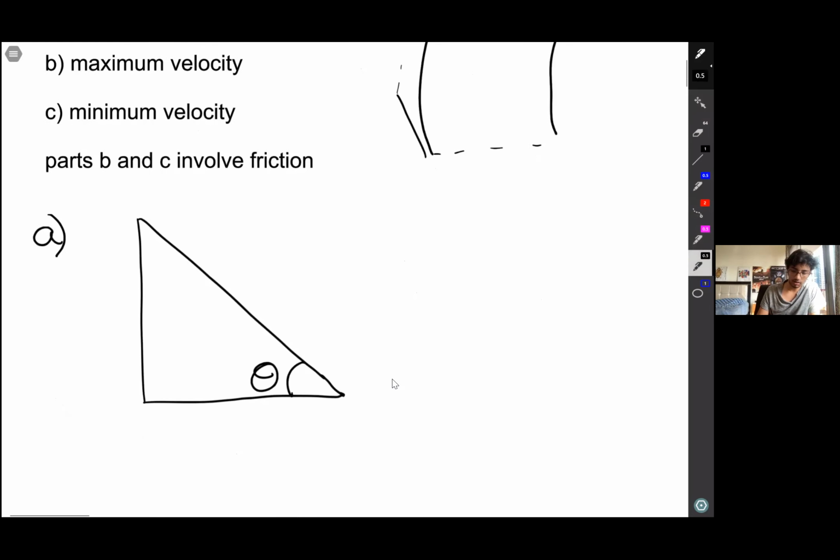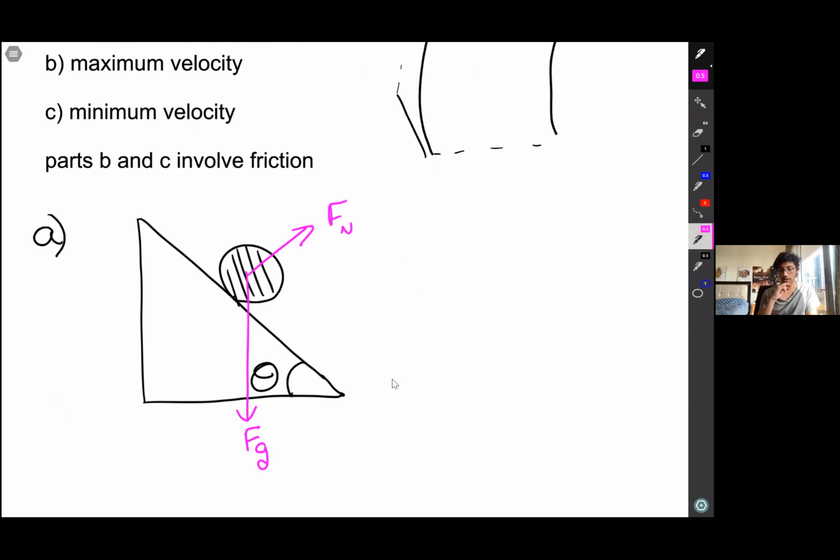This is the car here, which I'll denote as a small circle. There are only two forces acting on it. There's a force acting downwards, which is the gravitational force Fg. There's also the normal force, normal to the plane, which I'll call Fn. Since there's no friction, we don't have to worry about that here.